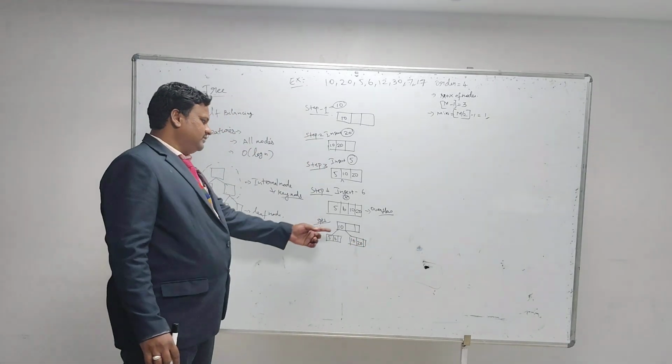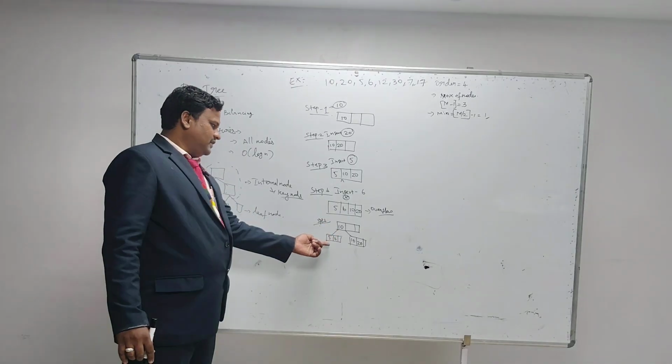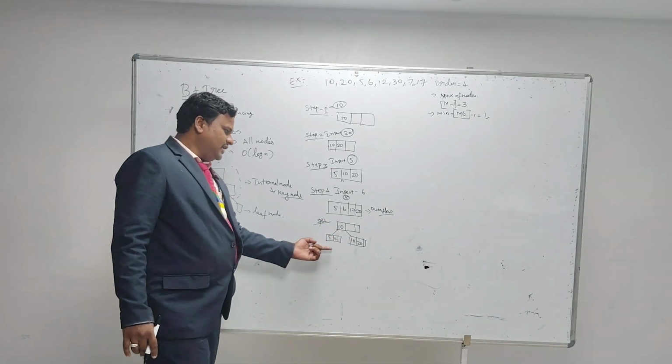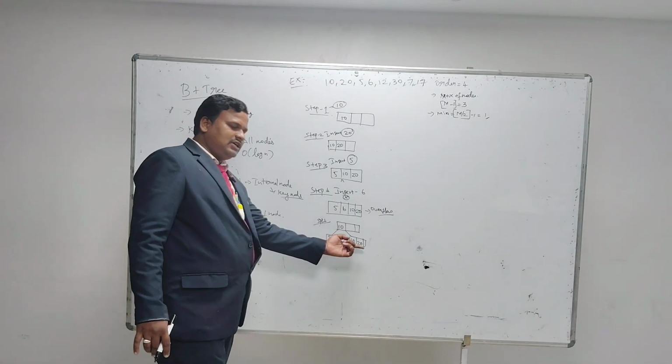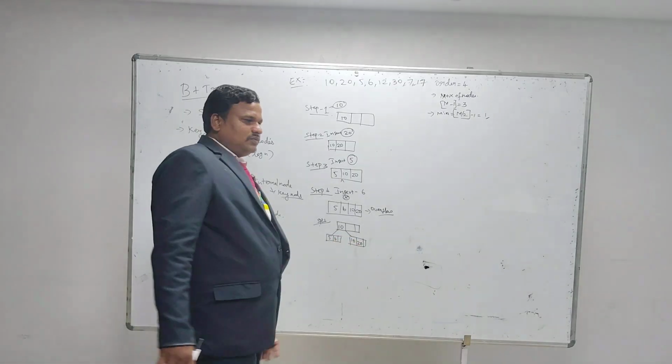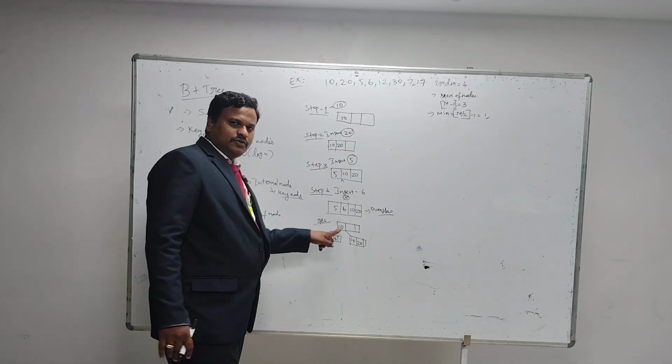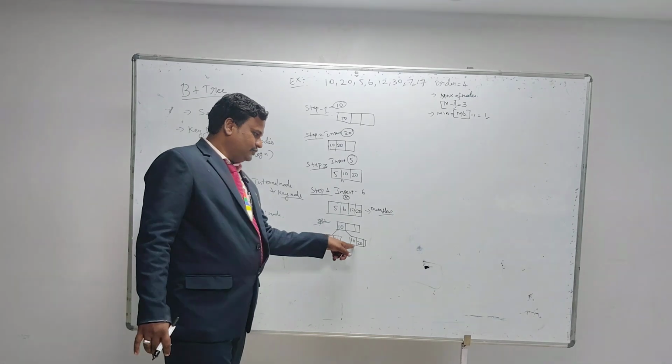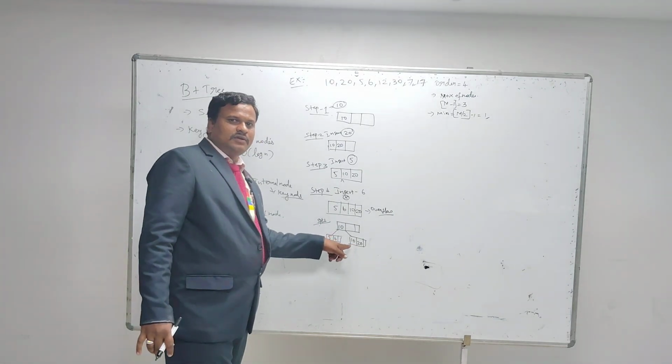After the split, we have the root node of 10, another node of 5 and 6 as a leaf node, and 10 and 20 as a leaf node. The B plus tree concept is that what we have in the root node should be present in the leaf node too.